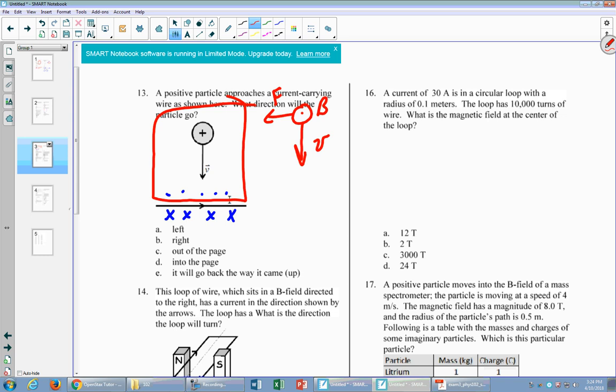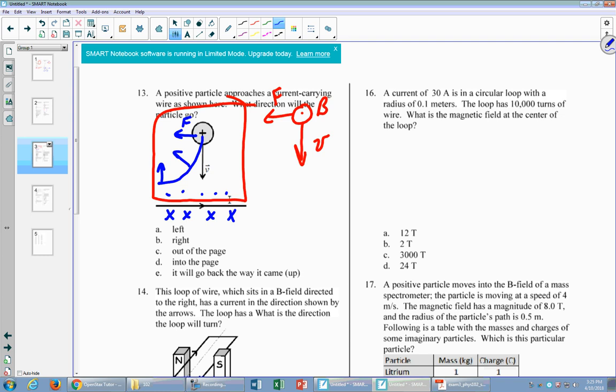So this particle is going to initially feel a force in this direction, and so it's going to follow a path that will look like that. That force is going to pull this particle over, so it moves in that kind of circular path. The force actually changes with time, right? The force comes here, and then it comes here, and then it will continue in a circular path. But initially, the force is to the left.